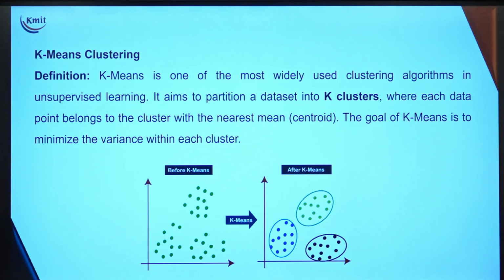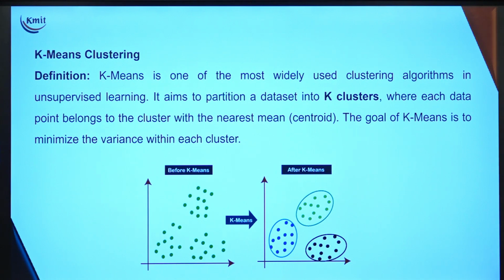So please understand that when I am dividing the entire data set into k clusters, each data point belongs to one cluster with the nearest mean. First I calculate the mean, and the data point belongs to the cluster which has the nearest mean, which is nothing but the centroid. The goal of k-means is to minimize the variance within each cluster.